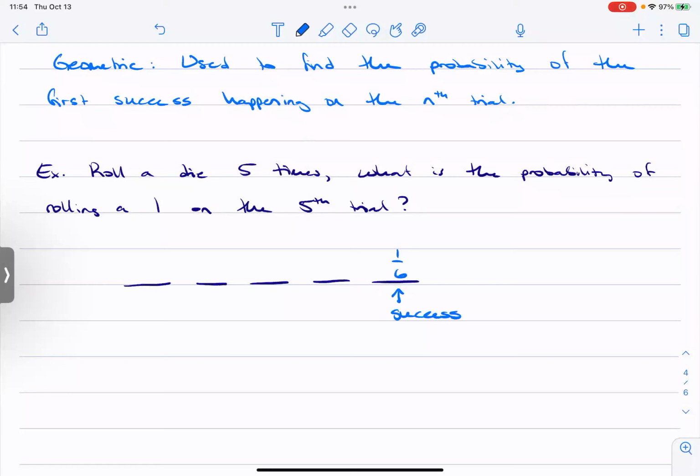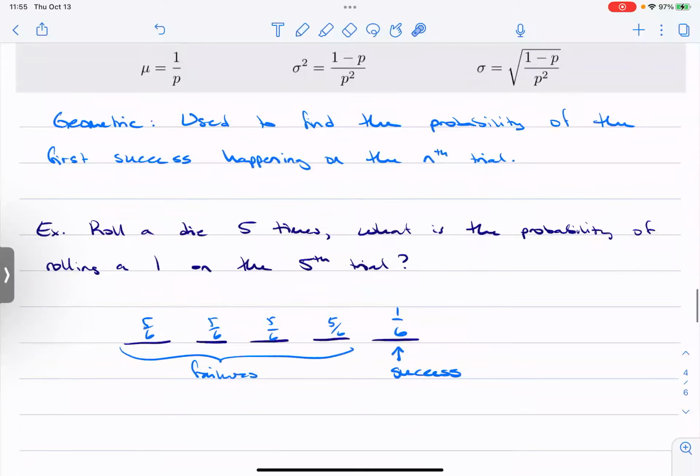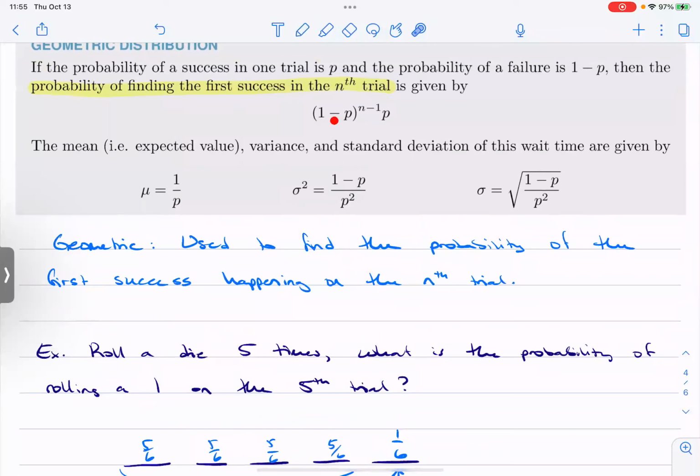But I'm also forcing these to be failures, which is 5 in 6, 5 in 6, 5 in 6, 5 in 6. So then I would have the probability of failure to the power of 4 times the probability of success.